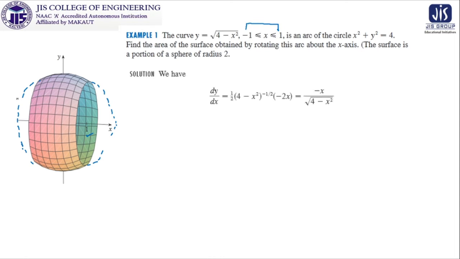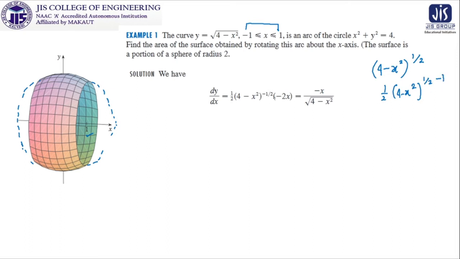So we need square root of 1 plus (dy/dx) whole square. First of all, we differentiate y with respect to x. So it is (4 minus x square) to the power half. Then half comes in front after differentiation: half into (4 minus x square) to the power half minus 1.